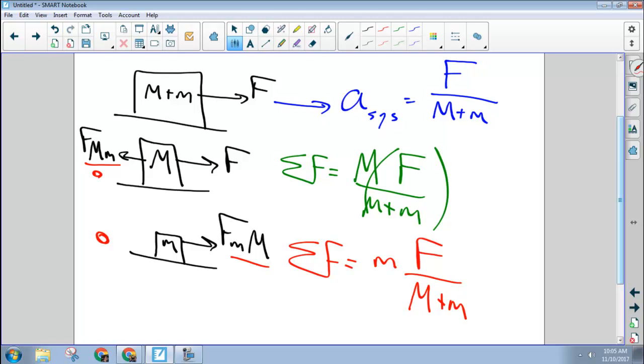So, thoughts now? We're trying to find the force on block m by block M. So we've got to find one of the 2 F_Mm's. Talk to me about net force, you guys. What do we know in these 2 bottom drawings?